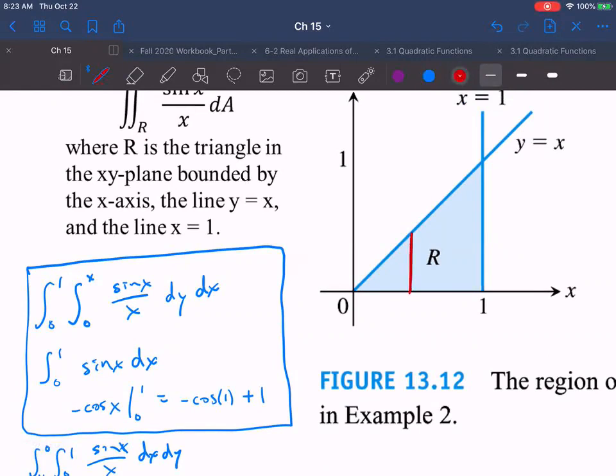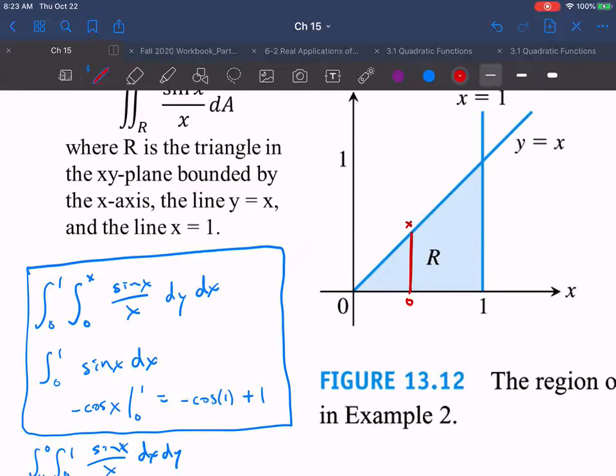That was that first thing on the first page. 0 out to whatever value of x we happen to have there. That's what y will equal, whatever x happens to be. So if x is 2 here, then this will be 2 or something like that. Well, I guess it can't be 2. We only go out to 1. So if x is 0.3 here, then this will be 0.3, and we'd go from 0 to 0.3. But we're going out from 0 to x.